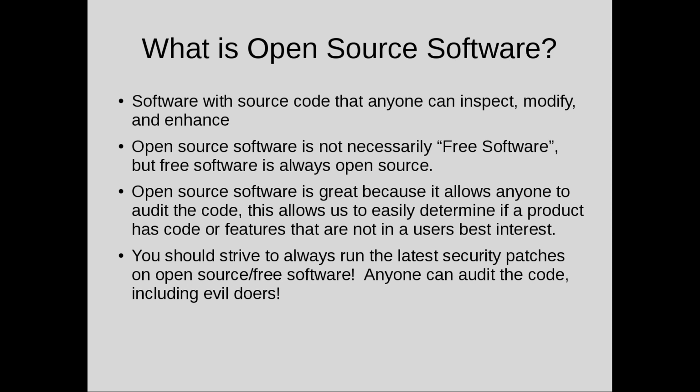This allows us, users, developers, whoever, to easily determine if a product has code or features that are not in a user's best interest. If you want to find out if a particular company, like for instance Microsoft, has put some evil malicious code in their software in order to spy on their users, it's a little bit more difficult to find something like that out.